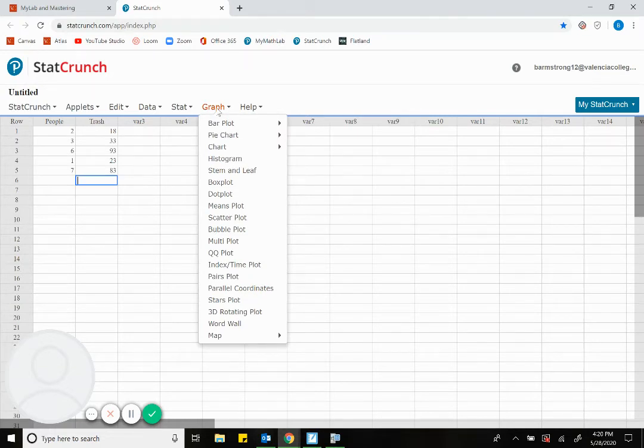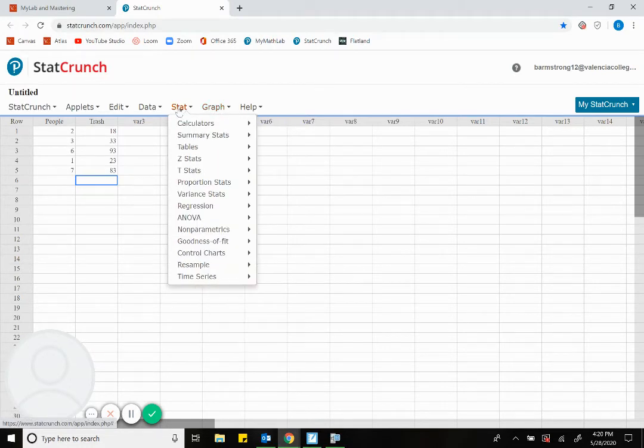And if I remember correctly, I thought it was under graph. Just kidding. There it is. So under stat, go down to regression, and you are doing simple linear.